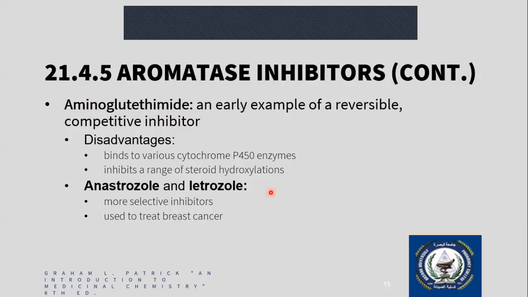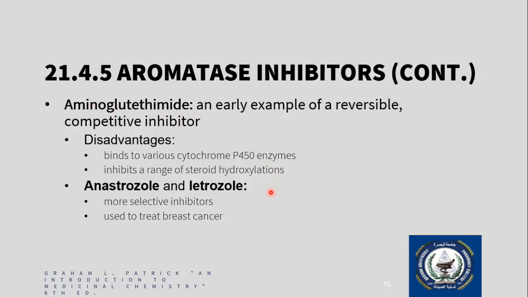Examples of those are anastrozole and letrozole, which are more selective inhibitors and used to treat breast cancer. Why do we use them to treat breast cancer? Because breast cancer depends on what hormone? Estrogens.